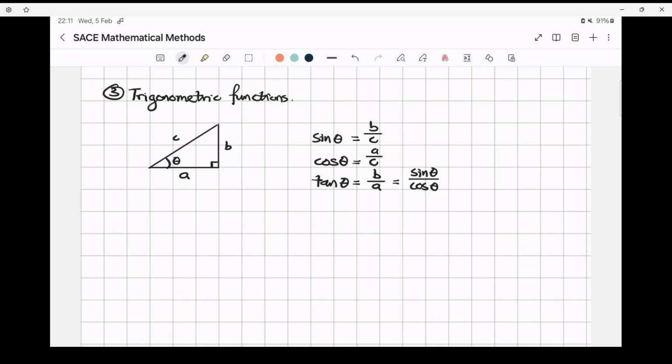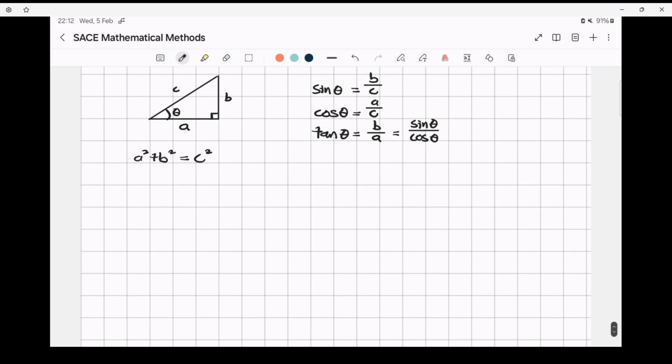So the next thing is that from Pythagoras theorem, we know that A squared plus B squared equals C squared. So what you can do is divide everything by C squared.